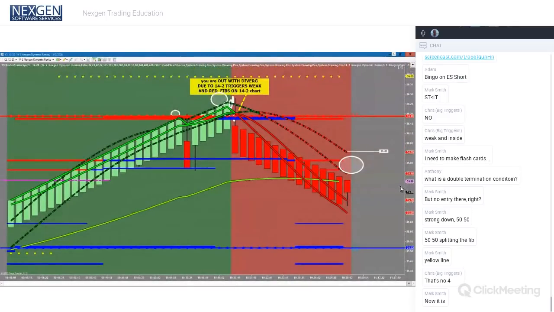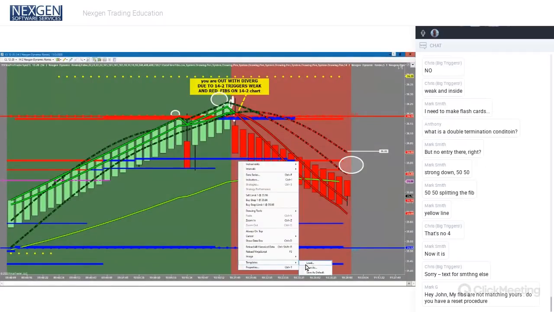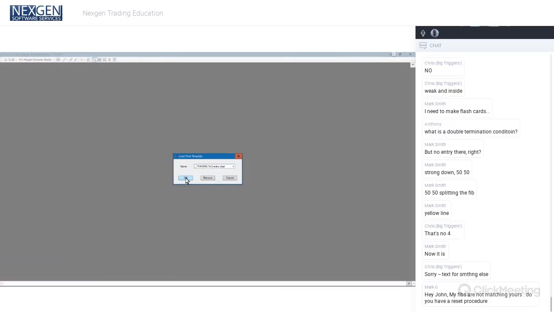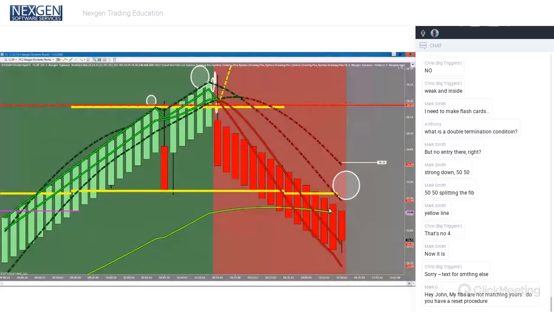Well, it is with this too. Look, if you think in a colorblind situation, that's the whole point of my little training chart here. If you think in a colorblind situation, it's a fib area, read your triggers. It's not necessarily the color of the area, it's the quality of the area.